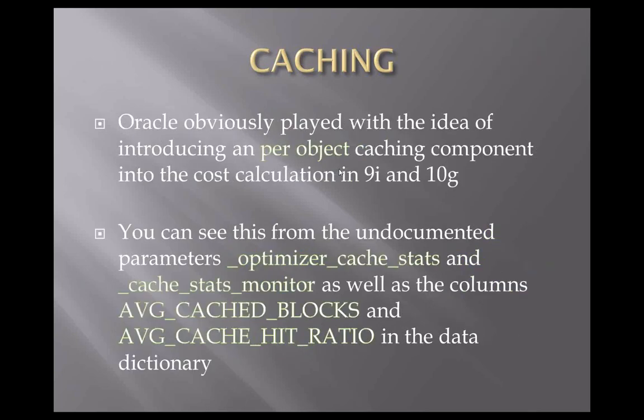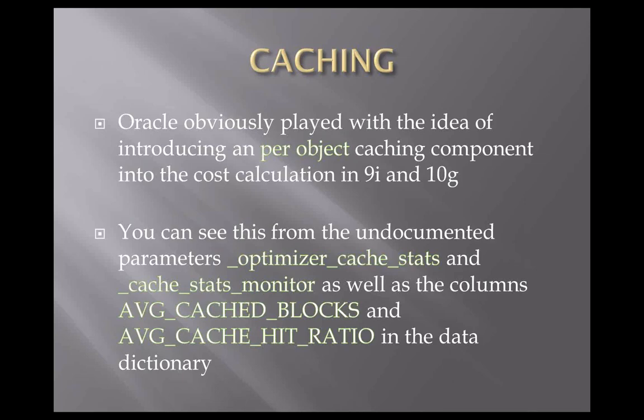Well, there's one thing that Oracle obviously was playing with the idea of introducing a per object caching into the cost calculation, but it obviously hasn't made it into production, at least yet. It's not available, and you can see this if you look at the data dictionary. There are some columns like average cached blocks, average cache hit ratio, but they are not populated yet.